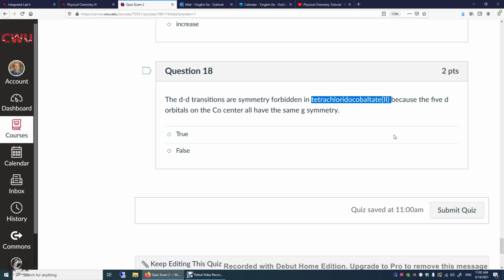The 5 d orbitals overlap with the ligands one way or another, and that will distort the shape of the 5 d orbitals. In this case, the answer is false. And actually, this d-d transition is symmetry allowed because it's not a g-g electronic transition.